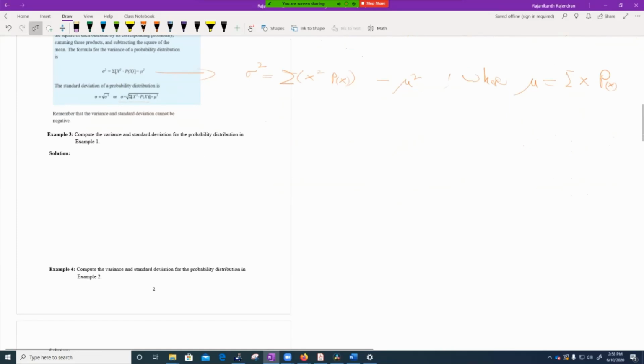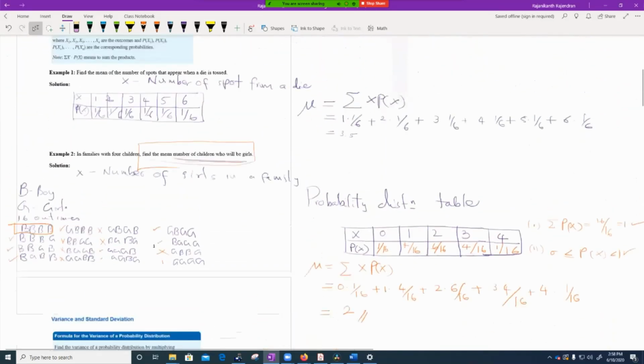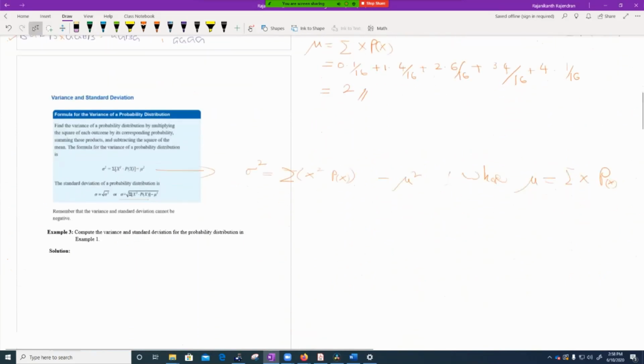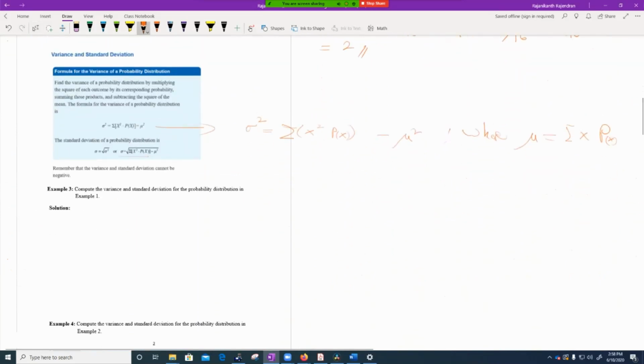Compute the variance and the standard deviation for the probability distribution in example 1. Example 1 means which problem they are talking about? The rolling die problem. We already have the distribution table, so use that distribution table to find the mean and variance. Let me copy down that probability distribution table one more time.